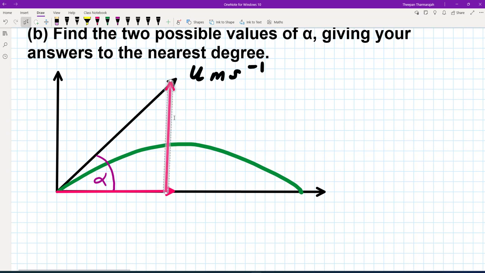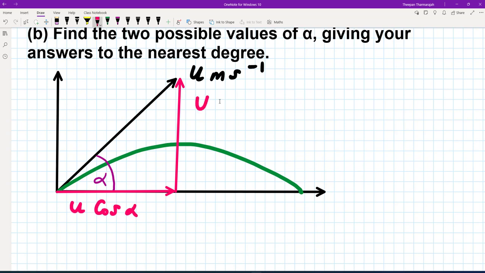So from here goes up. So we've got our components, and we can write them in now: u cos alpha, u sin alpha.